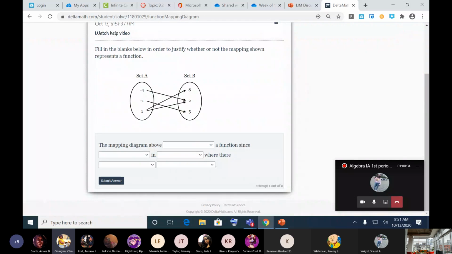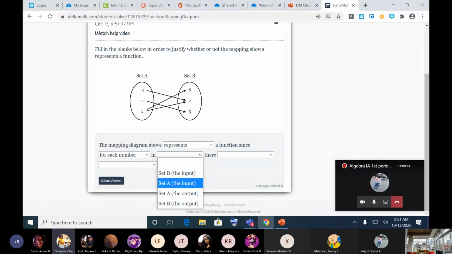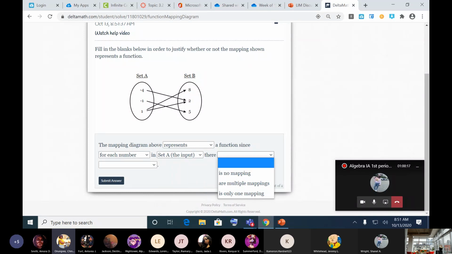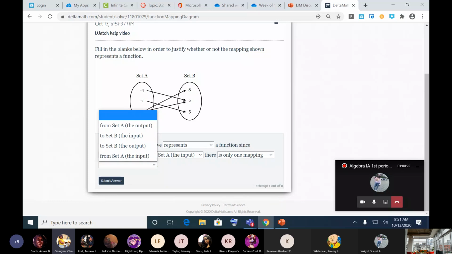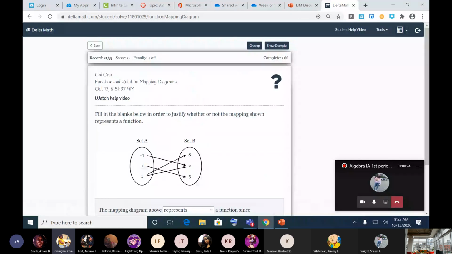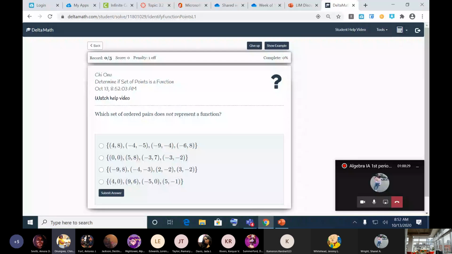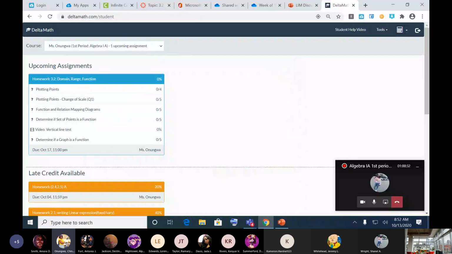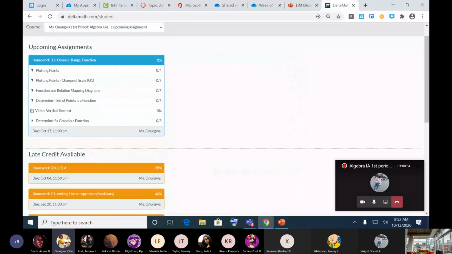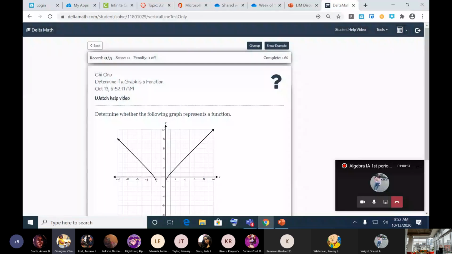Here, the above represents a function because for each number in input A, there's only one mapping to set B. And then another one with points telling me if it's a function or not. And then you would watch the vertical line test video and tell me whether the graph is the graph of a function using the vertical line test, okay?